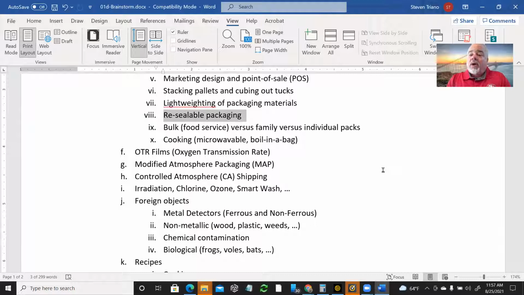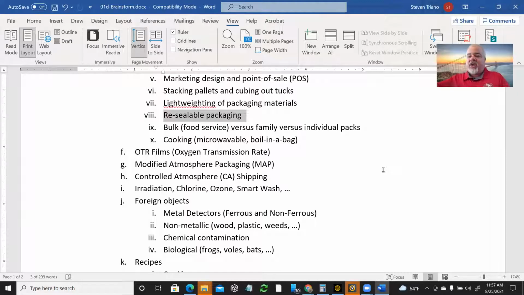You open up a bag of salad and you need a twist tie in your drawer somewhere, a clip of some sort, or can you just zip it shut? Or some sort of sticky material on some cookies, for example.